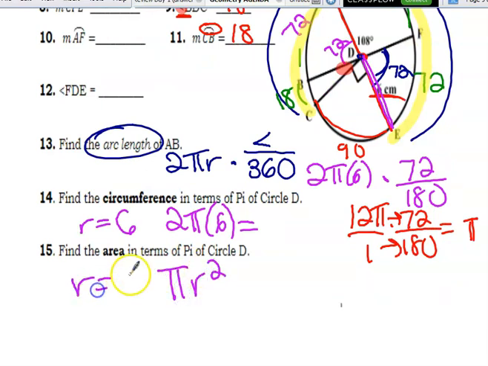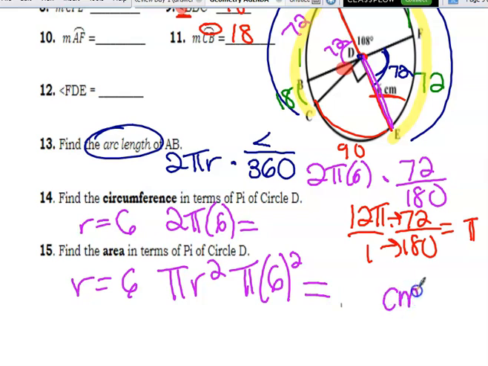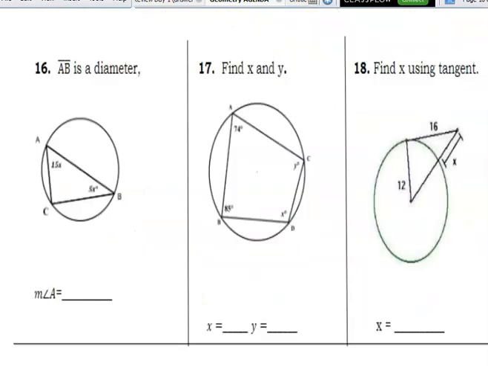And if the radius is 6, you're going to do pi times 6 squared, which would become 36 pi centimeters squared. Okay, so when it says in terms of pi, you put pi as part of your answer.